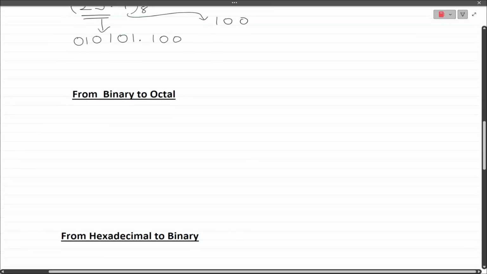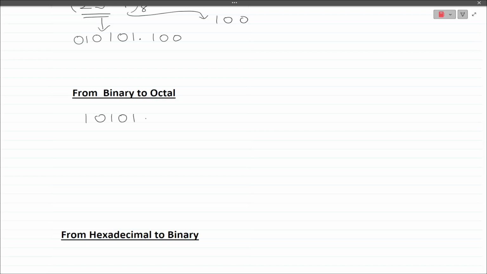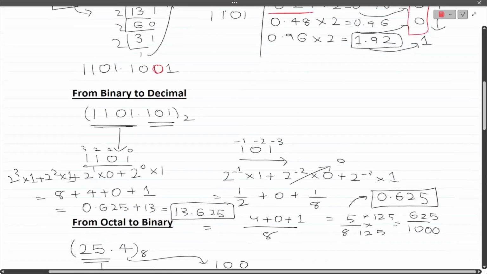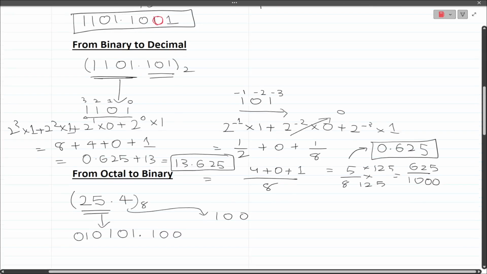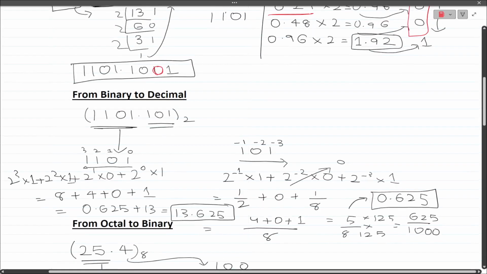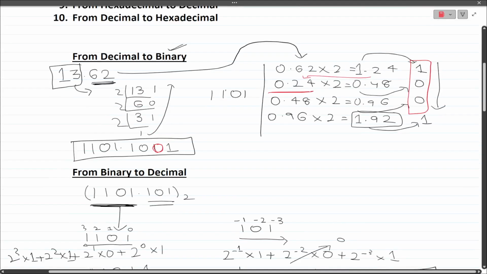Okay, now binary to octal, the reverse one, right? So let me take 10101.100. Are you noticing what I am doing right now? Previously my answer was 1101.1001. So here, that is why I have taken 1101.101. Can you see here? Here we have got 13.625, and if you observe the previous question, it was 13.